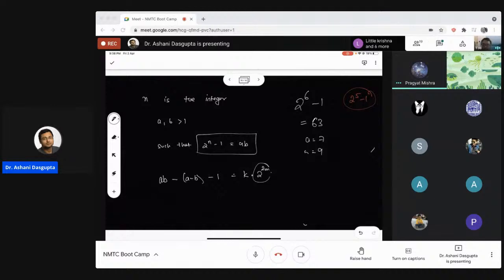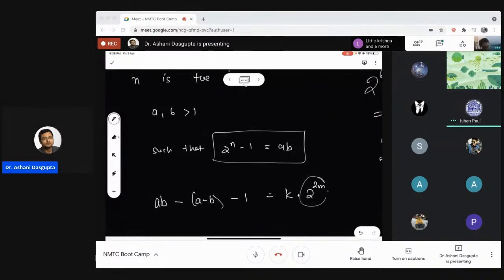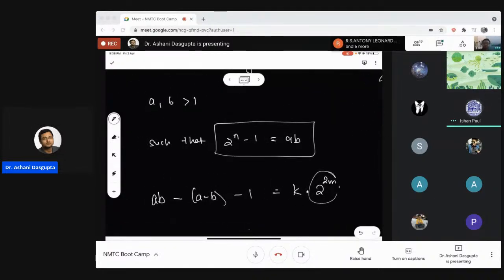Okay, can't see the problem. Sir, what do I have to do in this problem? So the problem says that you are able to write 2 to the power n minus 1 as a product of two numbers, a and b, where a and b are integers greater than 1.